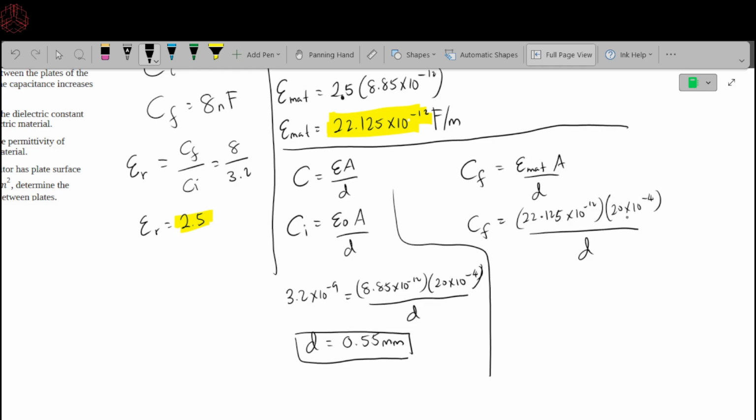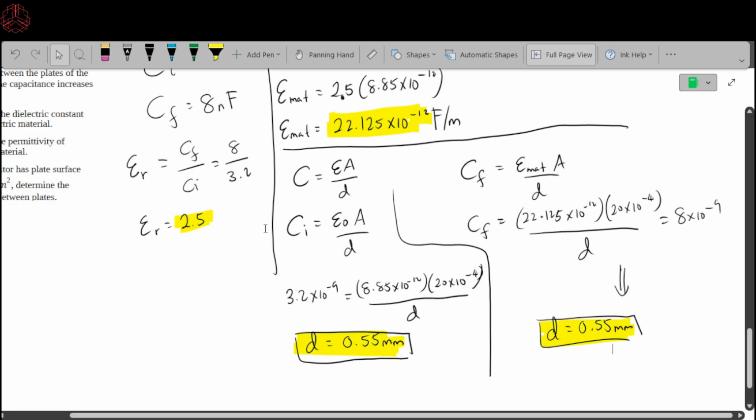Then over D, and this whole thing is equal to 8 nanofarads. So 8 times 10 power of negative 9. And again, this will give me the same answer, which is D equals 0.55 millimeters, or approximately. Okay, so two methods, same answer.